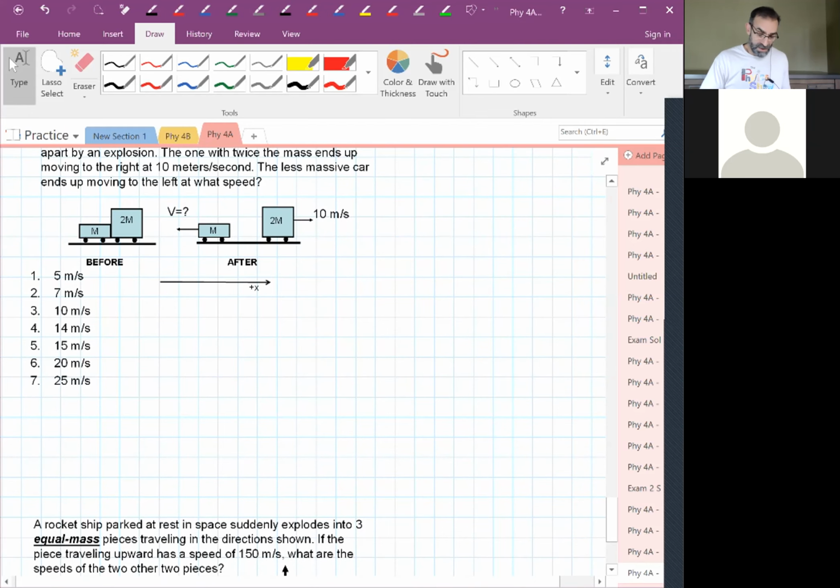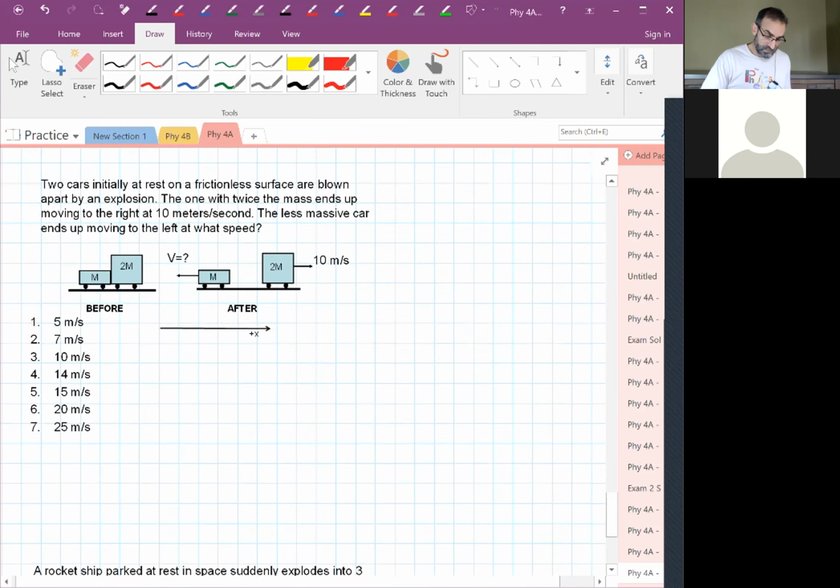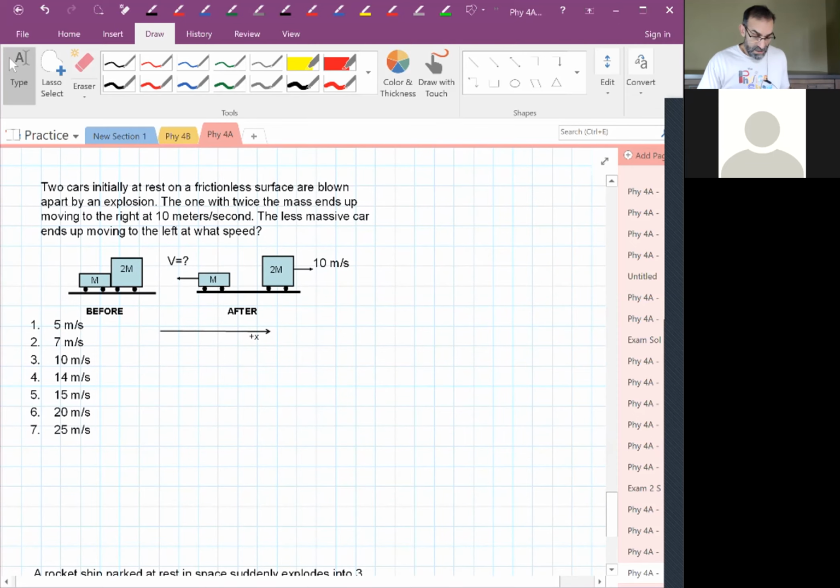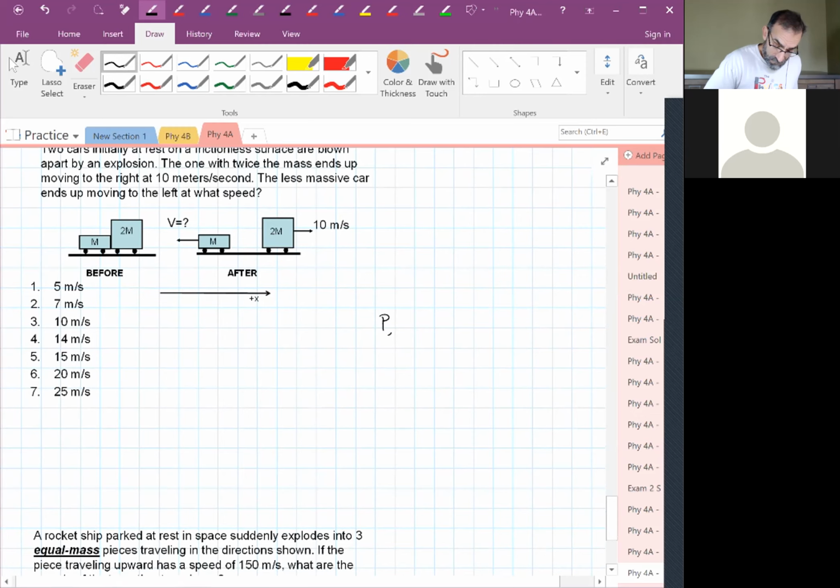I don't have a poll for this one, sorry. So P initial equals P final. 20 meters per second. Good.